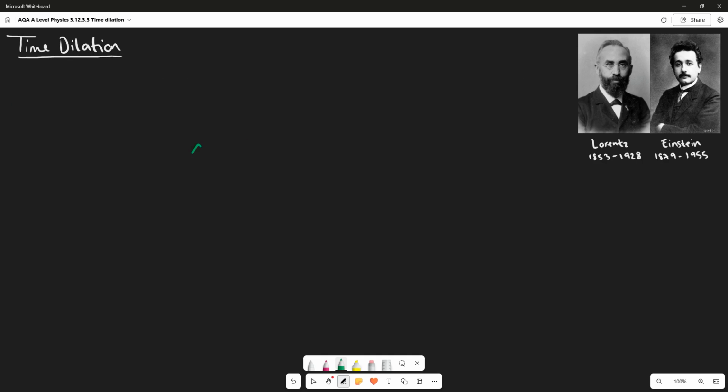And here is the equation. Here we have the velocity, which is compared to the speed of light.